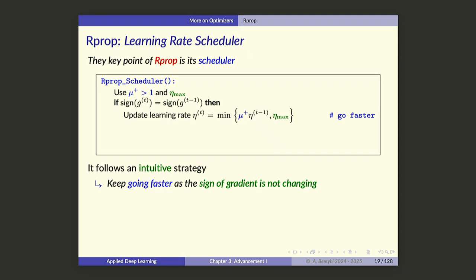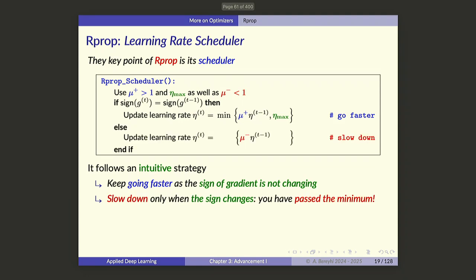Everybody clear? Now, what if I go in this direction, so the sign is positive, then I come here, I compute the gradient, and now it's negative. What does it mean? I already passed the minimum, right? Should I go fast again? No, I should go slowly. So I'm going to choose μ- smaller than 1, and reduce the speed.